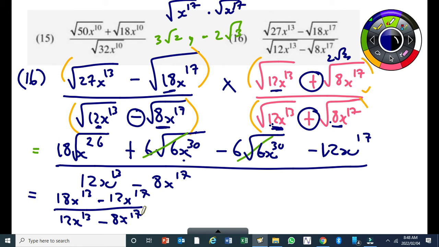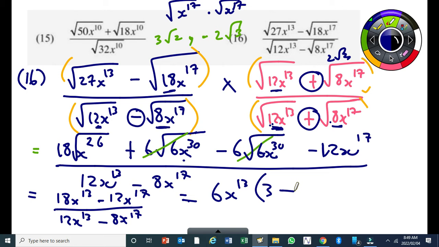Okay? Now, we need to factorize to simplify. We have to factorize. So in the numerator, my common factor for the integers is going to be 6. Then x to the power of 13 times, I'll be left with a 3 minus... are you following the factorization?